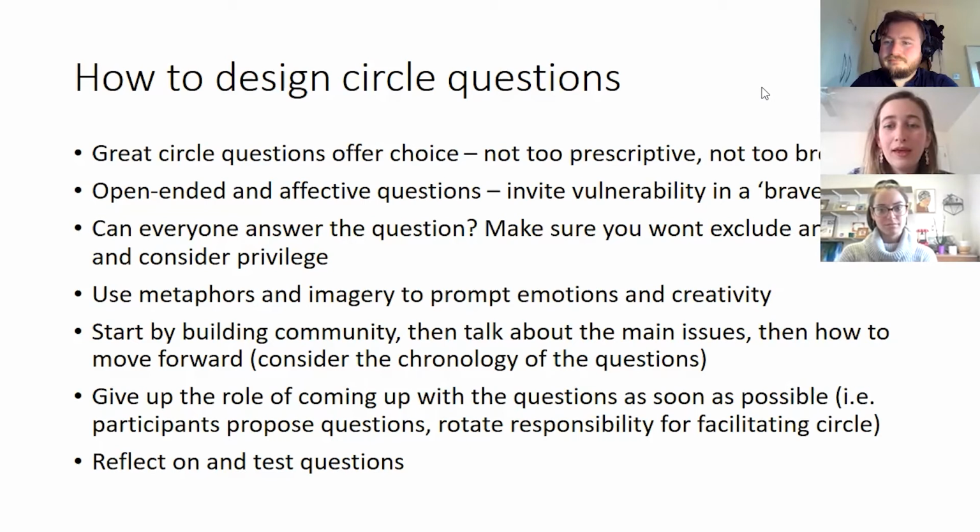And I'll just speak briefly from my own experience with this: students come up with way more awesome circle questions and structures than I ever could using all of my best efforts and creative faculties. It's amazing where the conversation can go when you're collectively sharing the responsibility for circle design and facilitation.